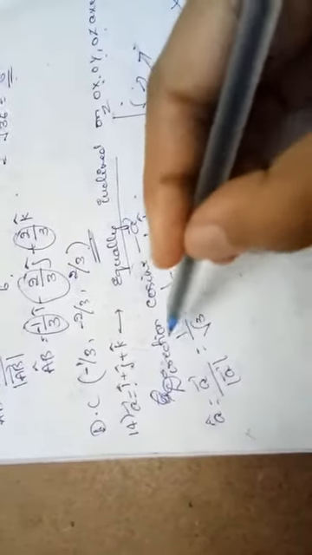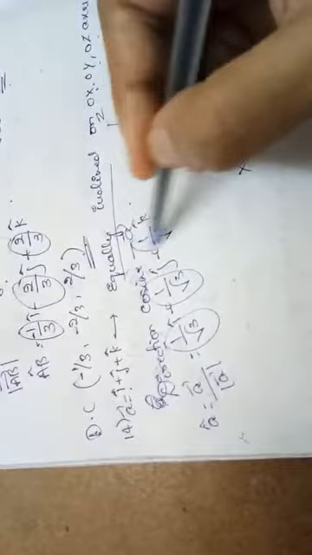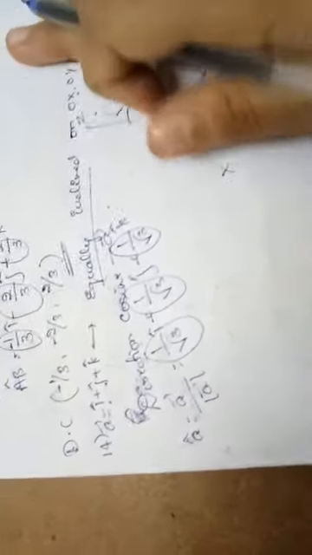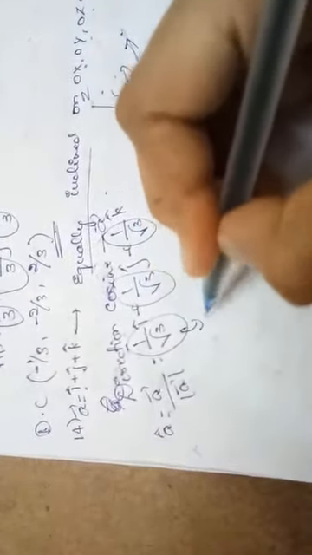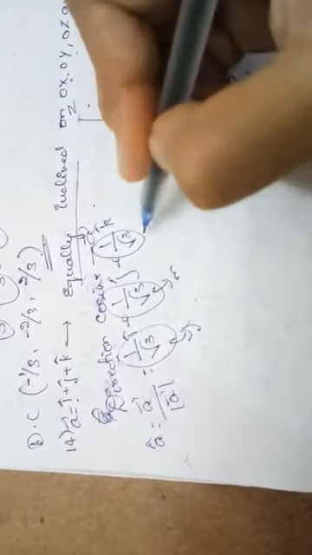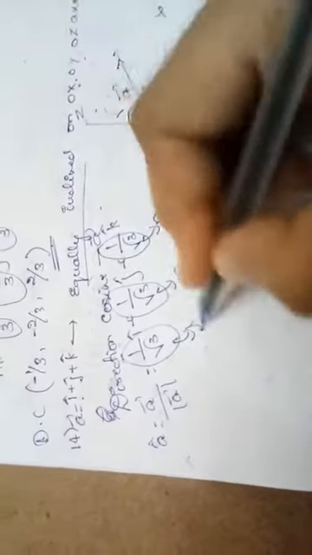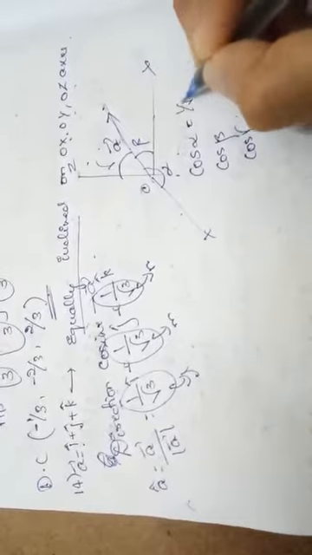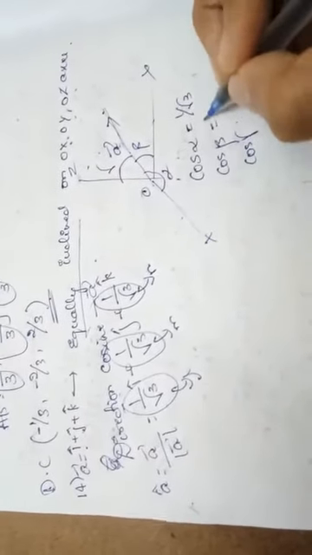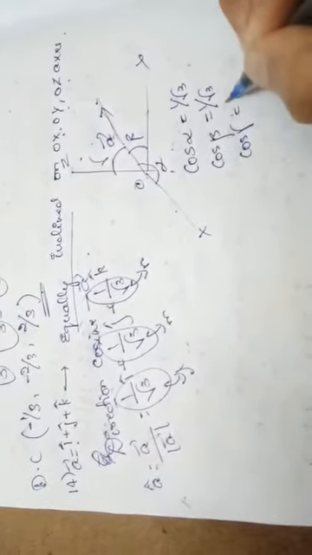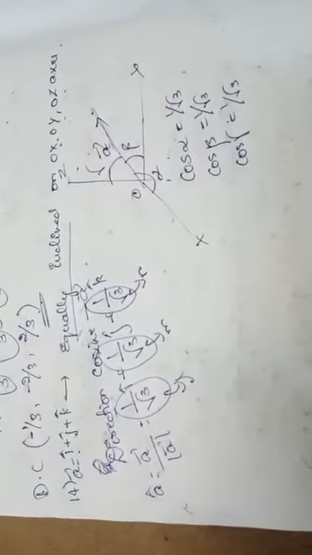So what are the direction cosines? The scalar components of the unit vector are the direction cosines, where this is our L, this is our M and this is our N. So L, which is cos alpha, is 1 by root 3, cos beta is also 1 by root 3, and cos gamma is also 1 by root 3.